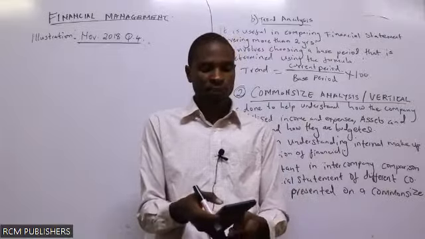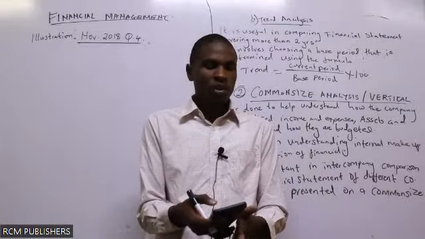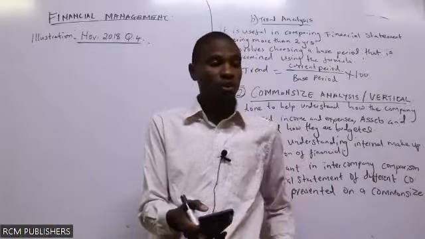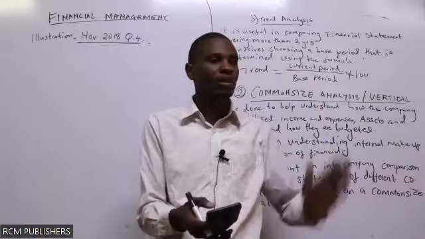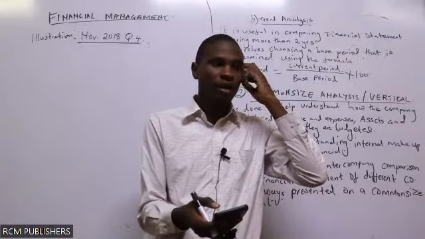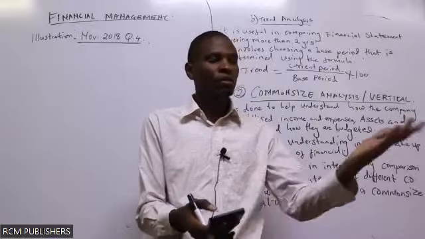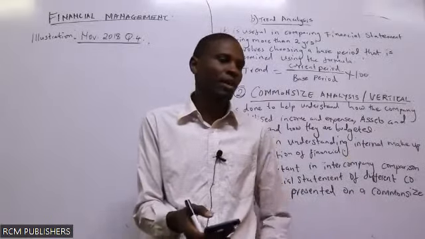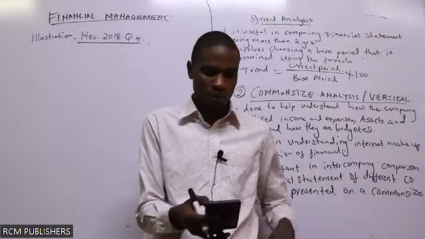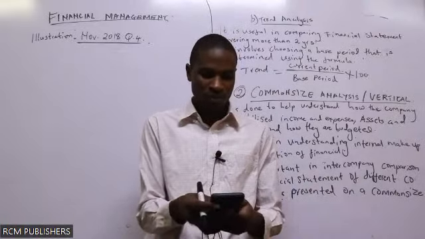So are we able to see this illustration, November 2018, question number 4? Remember, if you don't communicate, it will become hard. If we get 2 or 3, we say that we are there. So let's learn to communicate effectively.